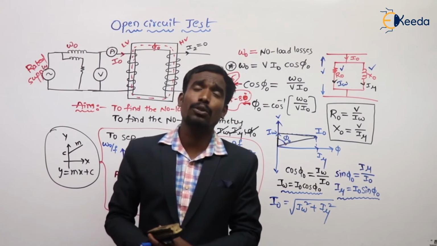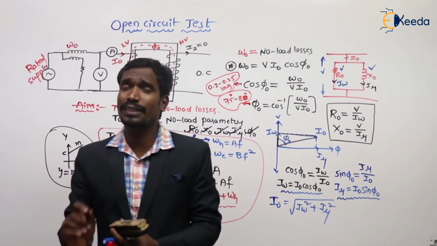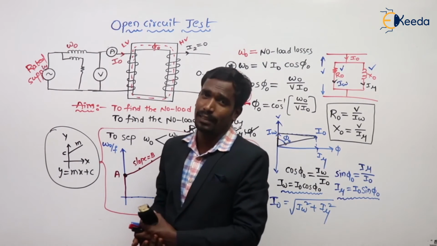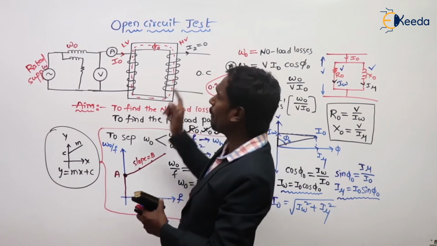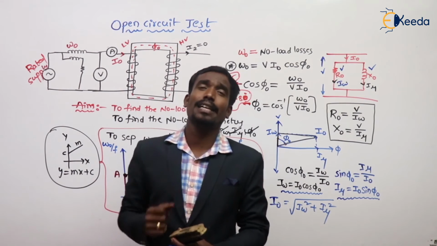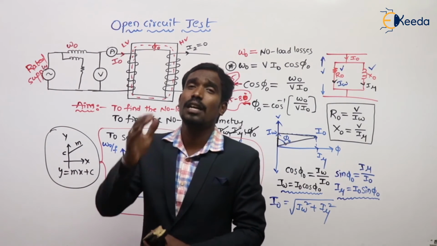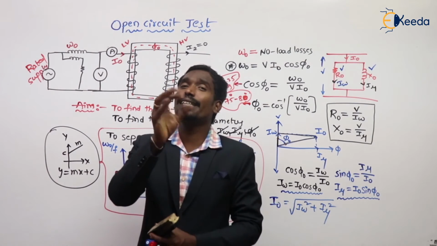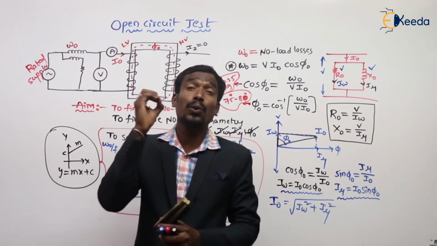Where do we conduct the OC test? The open circuit test should be conducted on the LV side and the HV side should be open circuited, for easy calculations, for easy maintenance, for convenience of meters, for good results.